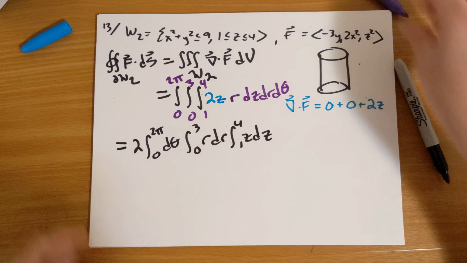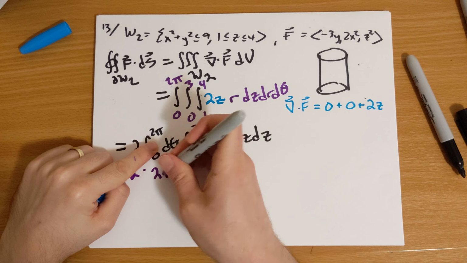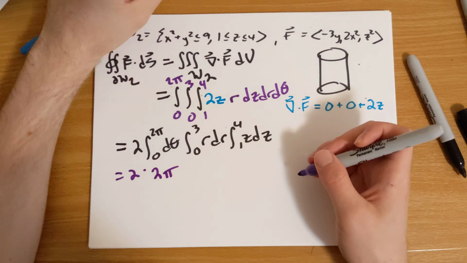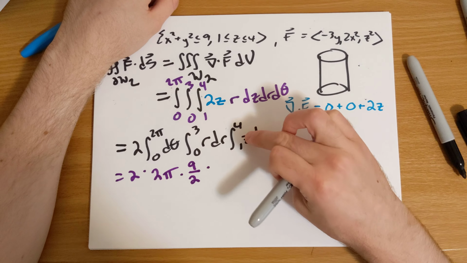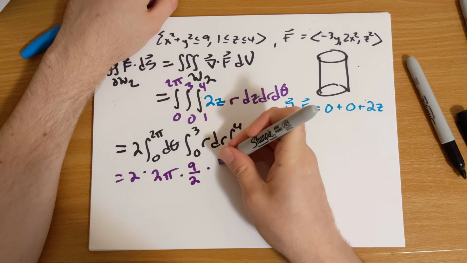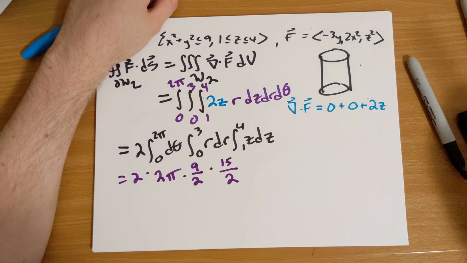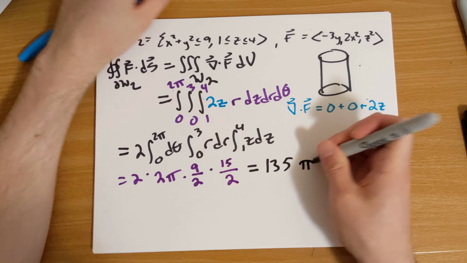So when we compute this out, 2 times this will give us 2 pi. The integral of r from 0 to 3 will give us 9/2. The integral of z dz from 1 to 4 will give us 15/2. And if we crunch everything out here, we should get 135 pi.